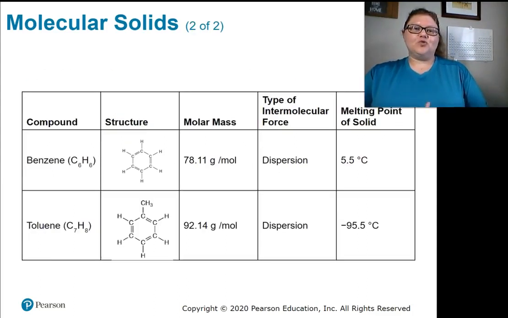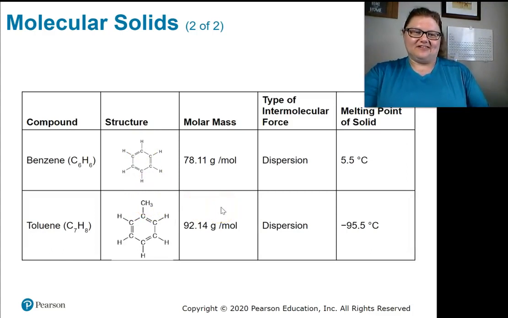Okay, let's compare 2 other molecular solids. Here we have the 2 cyclic compounds. We have benzene, and you see its formula there, and then we have toluene. The structures look very similar to each other. Can you notice the difference? All right, so let's take a look. If you looked at both structures and you saw that up here there is a CH3 bonded to this top carbon of the ring, whereas in benzene there's just a hydrogen, you found the difference.